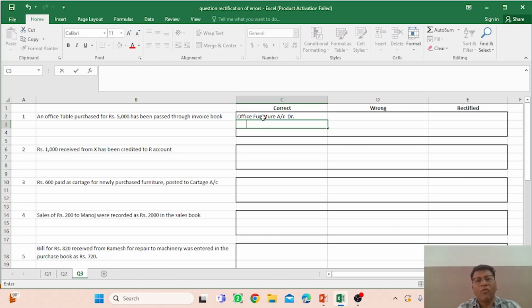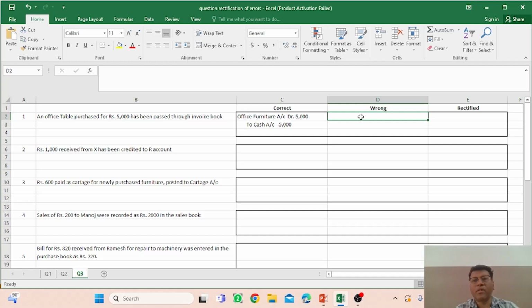But in this case we assume that cash is going outside the organization, so you mention here to cash account. And the amount is 5,000 rupees.